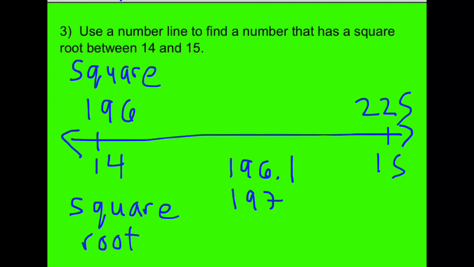You could have 197.1 or 197.11 or 197.111. There's unlimited numbers that have a square root between 14 and 15. We could go on forever. You're asked to just pick one. I've given three of them. So that's how you use square roots to sort of answer some other problems.